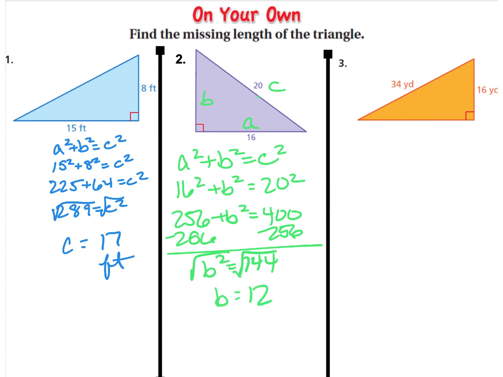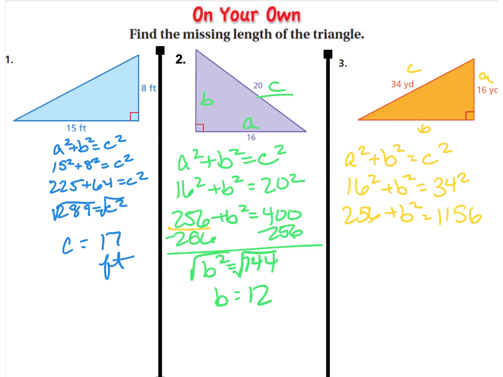B equals 12. And I don't have to label it because there's no labels up here. So again, we've got A, we've got B, we've got C. A squared plus B squared equals C squared. So we have 16 squared plus B squared equals 34 squared. 16 squared is 256, just like it was over here, plus B squared. 34 squared is 1,156.